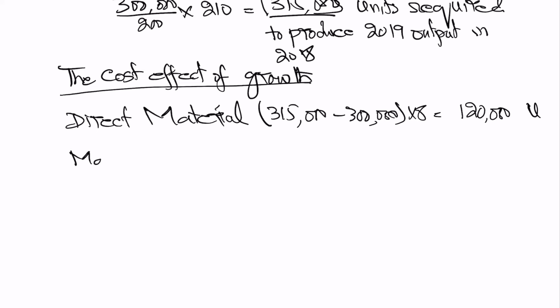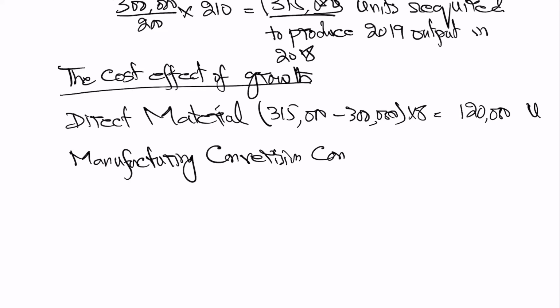Manufacturing conversion cost is 0, because 250 minus 250 is 0, so multiplied by 8,000 is going to be 0.